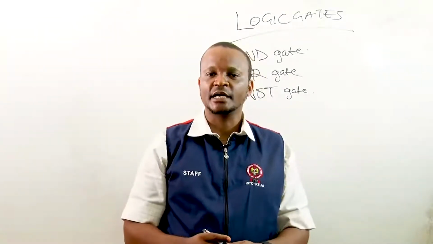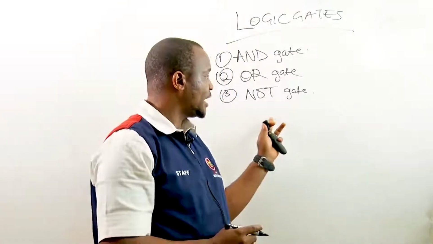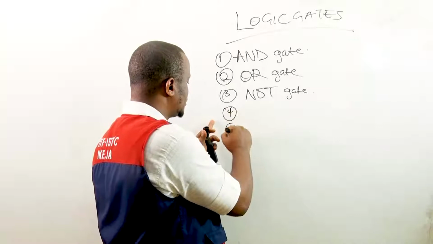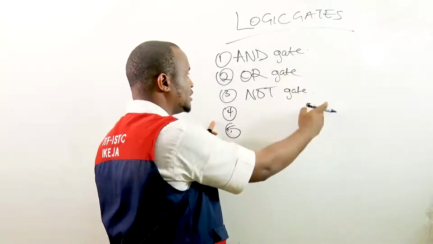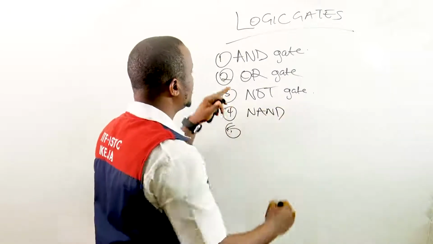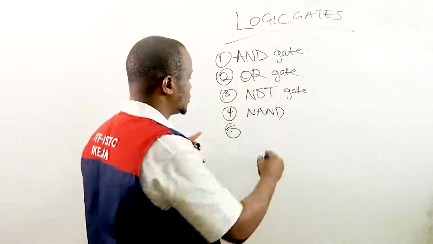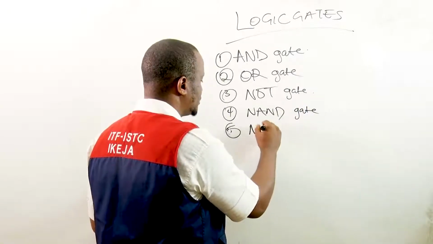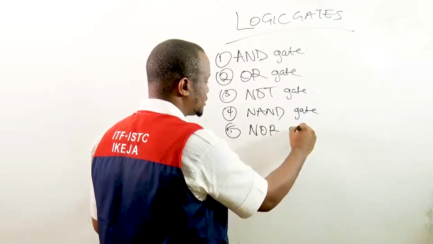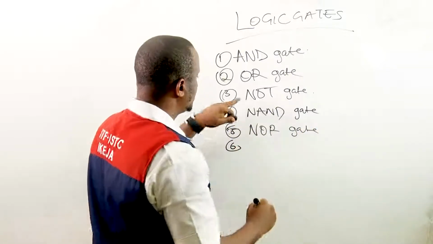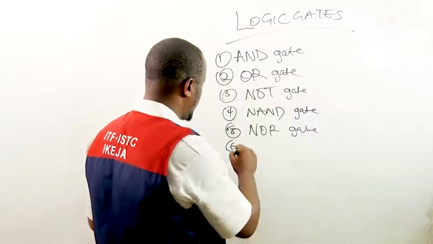These gates are what we have mentioned before, and we shall also have about 7 of them, which come from these 3. We have the NAND gates, a combination of AND and NOT. We have the NOR gates, a combination of NOT and OR.